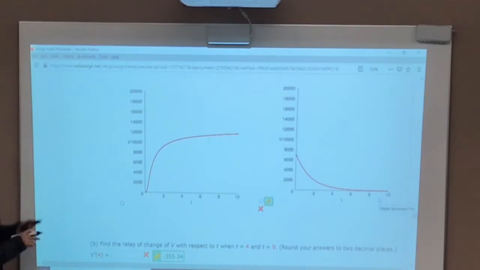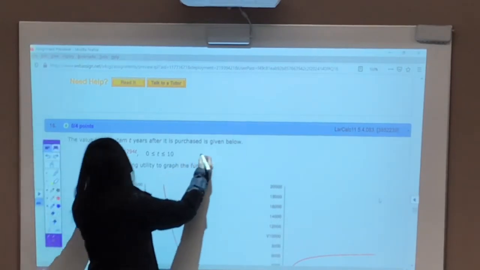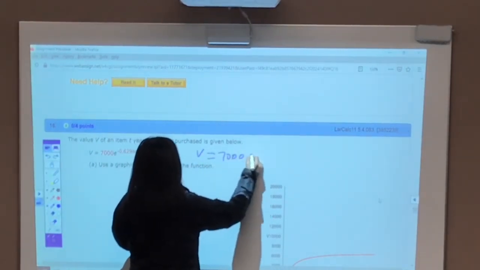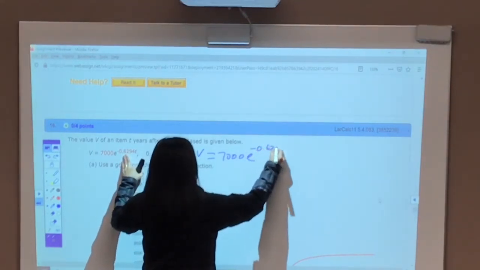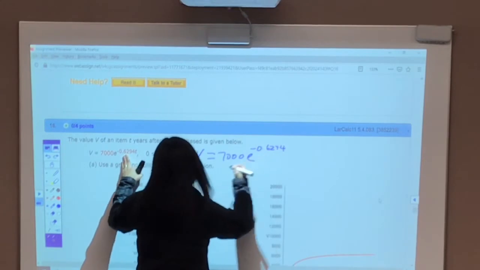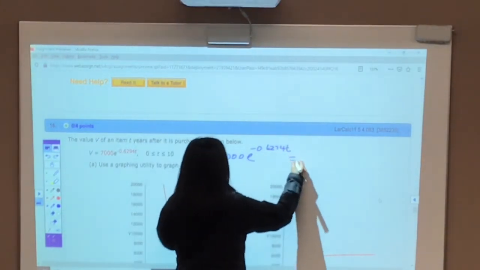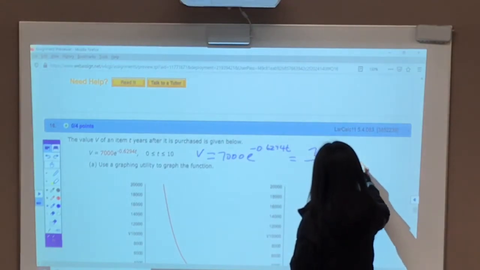But by the way, I want you to look at this problem. If I rewrite this one, since it's a negative, I'm putting 7,000 divided by e to the 0.6274 t.